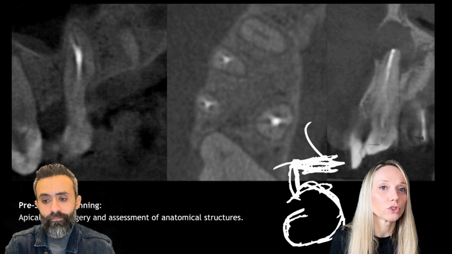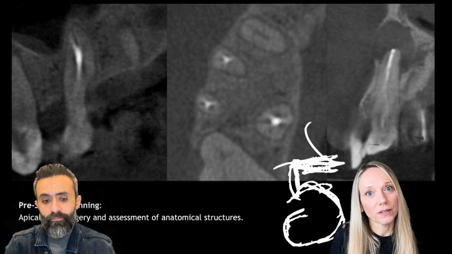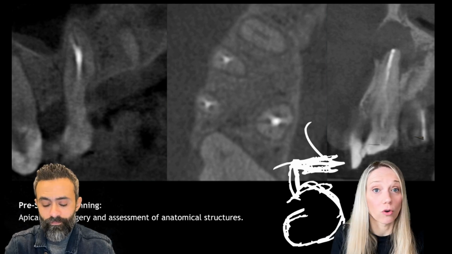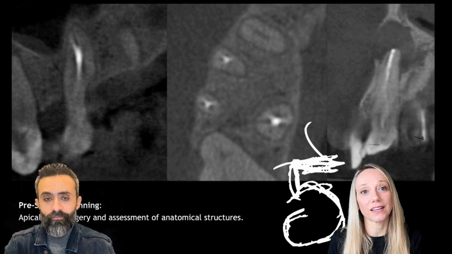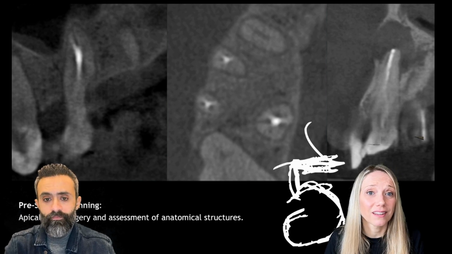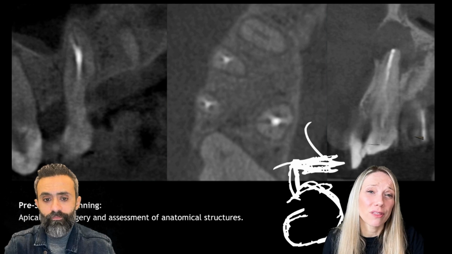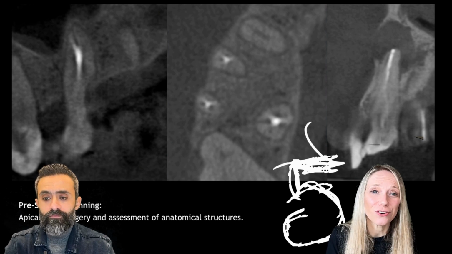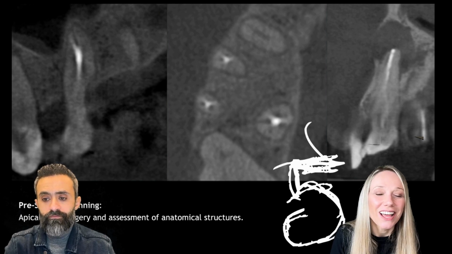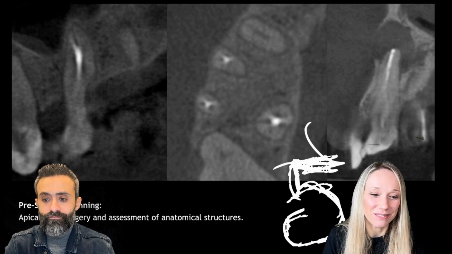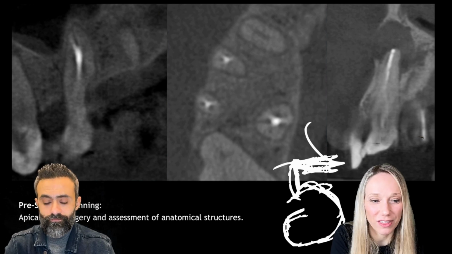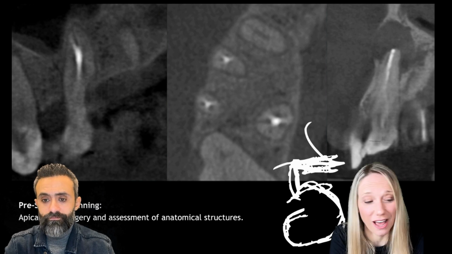You can choose to adopt a guided surgery approach or a freehand approach. I mean, you have all this information that can help you a lot in trying to have everything planned first, in order to have the least accidents during the surgery. So I think it's a very good tool to have.